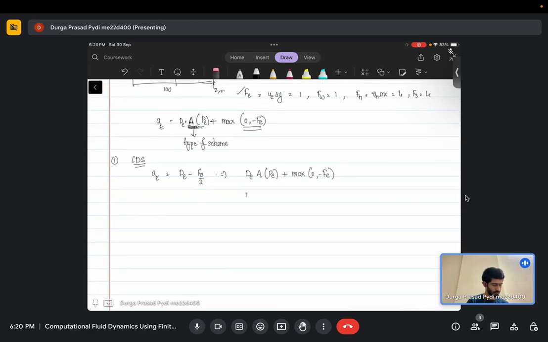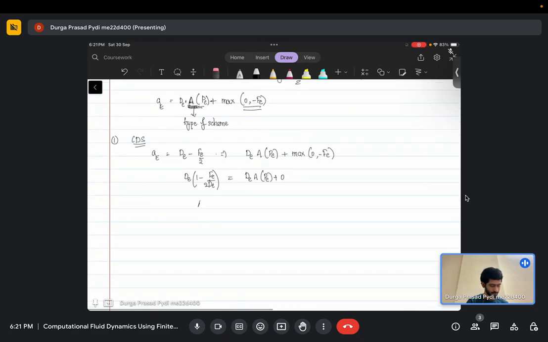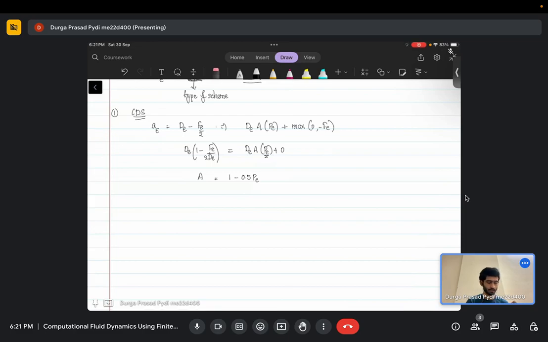In this particular case, fe is essentially 1 here. The flow is in the positive x direction, so the maximum value will be 0. So this equals dE into 1 minus Fe by dE times 2. So your A has now become 1 minus 0.5 times PE. So this is for central differencing scheme. Say you are using an UDS.